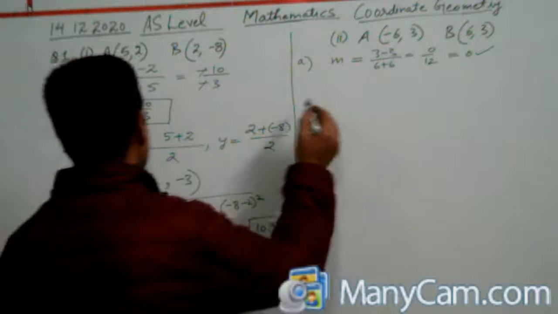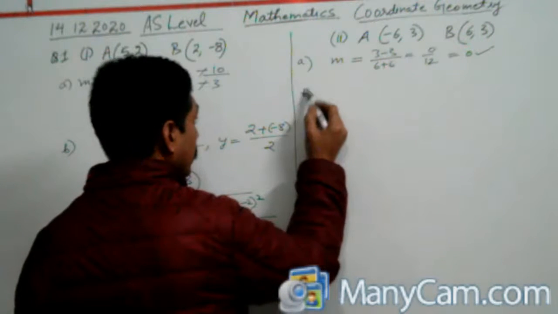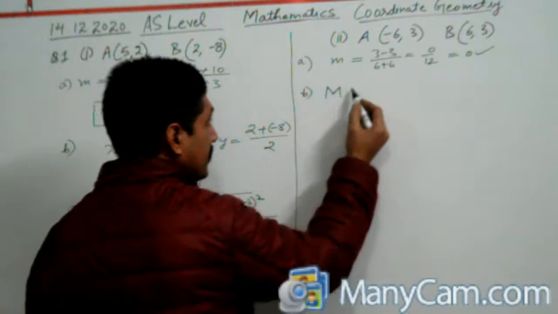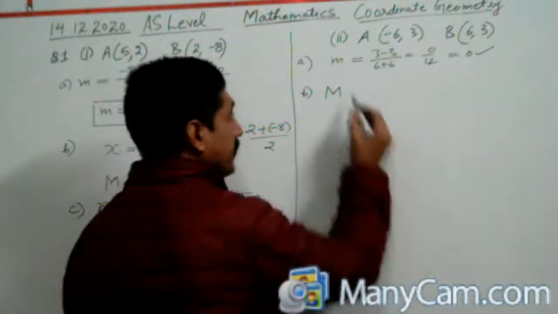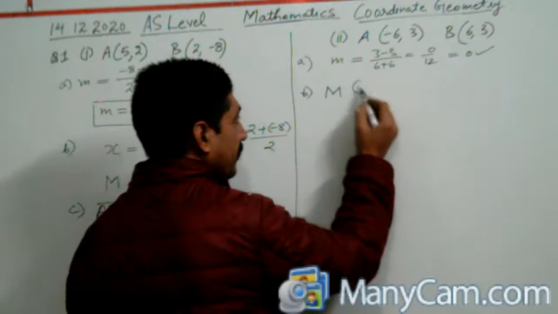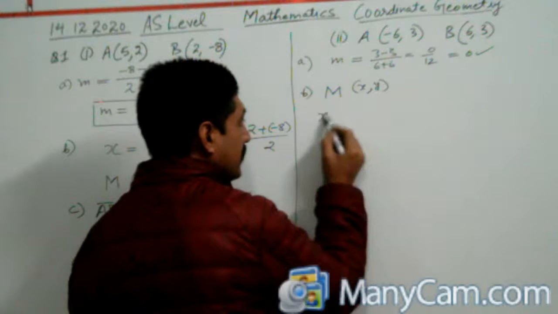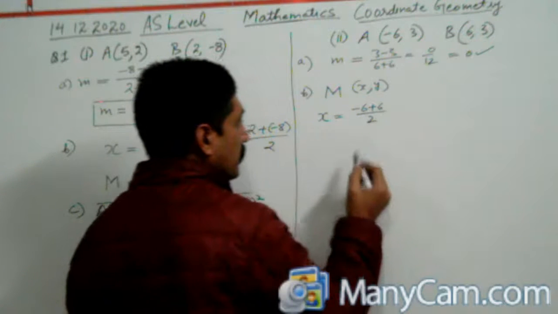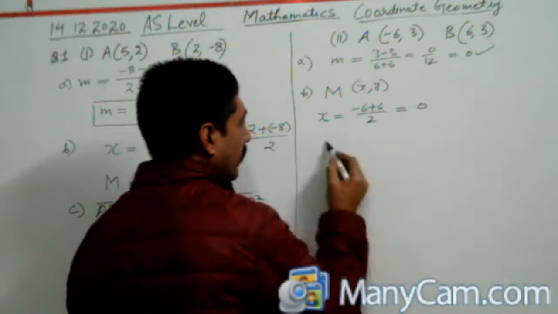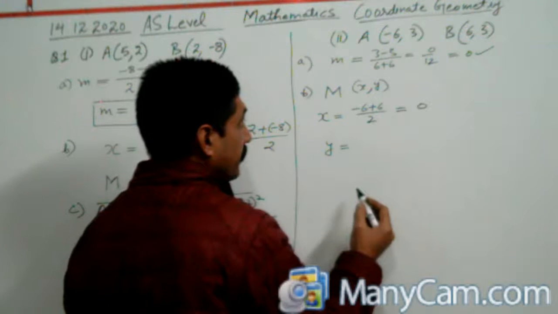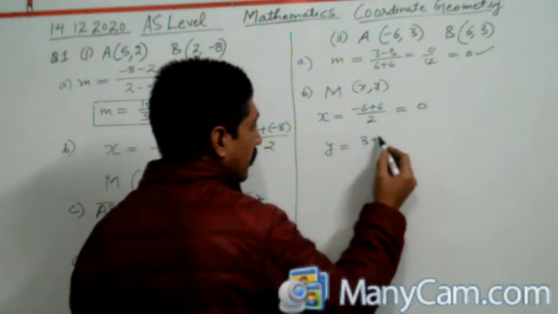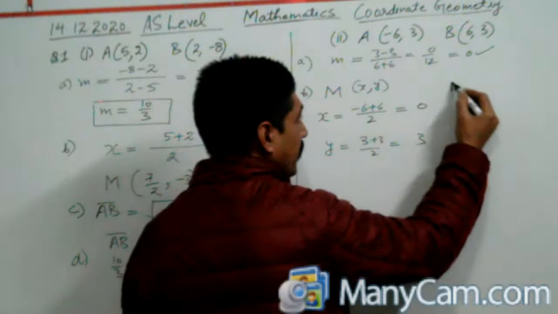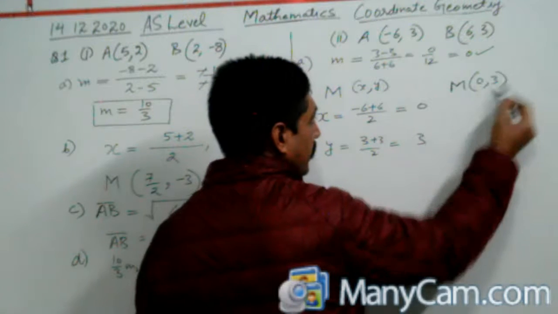Next, use the midpoint M. In this case, x is equal to minus of 6 plus 6 divided by 2, so that is again 0, and y is minus of 3 plus 3 divided by 2, that is 3. So the midpoint's coordinates are 0, 3.